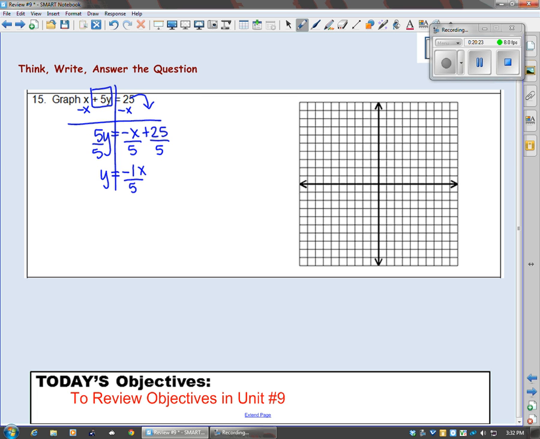I have negative 1 over 5x plus 5. You have to be able to do that part right to be able to graph. So your slope is negative 1/5. Your beginning is 5. Begin at 5. It's negative, so it should go downhill. Down 1 over 5. From that point, down 1 over 5. Get at least 3 dots and connect them.